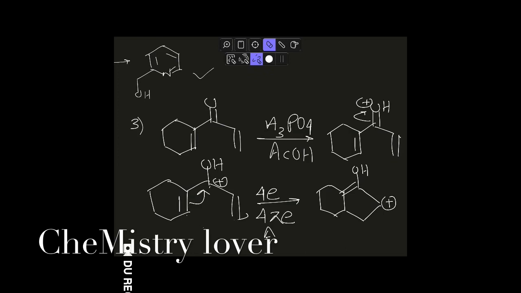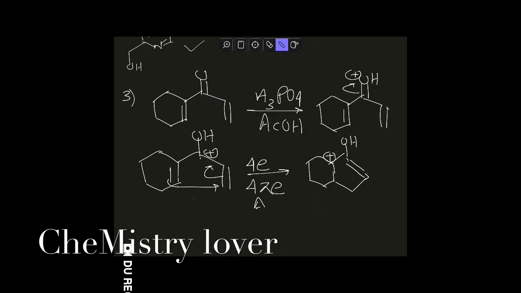See, actually I should write it in another way. How should I write it? So I should write it in this way. If I write it this way, you will have this bond shift over here. So now double bond over here and positive charge over here. Why did I do this? Because now you can see this is the tertiary carbocation, previously it was a secondary carbocation, so this is more plausible.